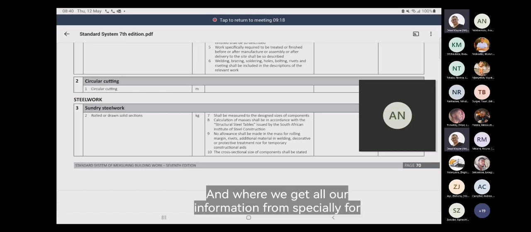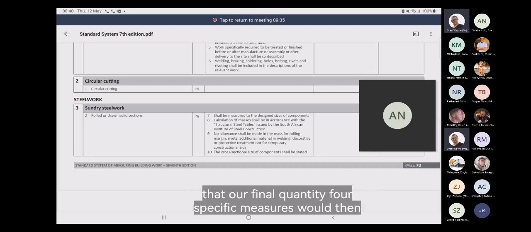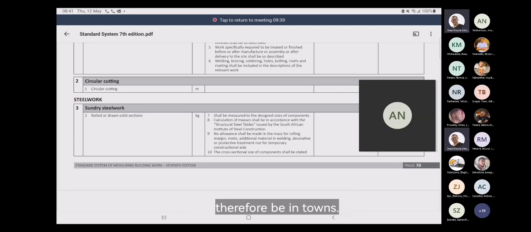And where we get all our information from, especially for our bolts, all of those will be measured in tons. Some of them would be measured in kilogram per meter squared, so that at the end of the day, our final quantity for specific measures would then therefore be in tons.